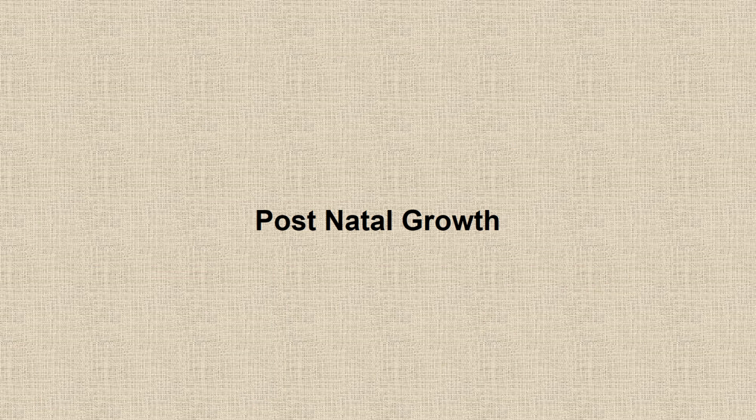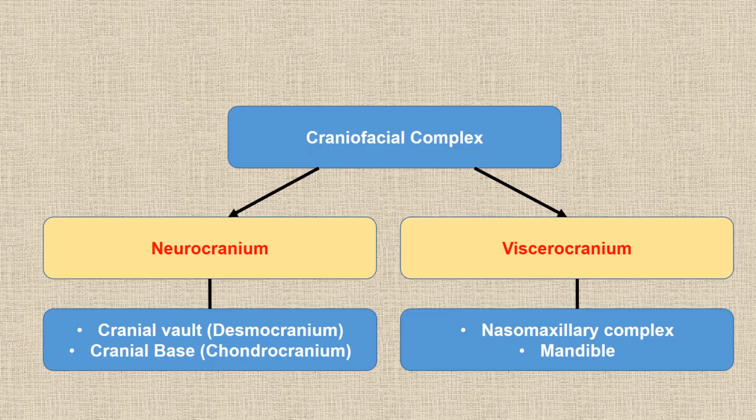Now, let's have a look at postnatal growth. Now, the craniofacial complex is divided into neurocranium and viscerocranium. The neurocranium consists of the cranial vault or desmocranium and the cranial base, also known as the chondrocranium.